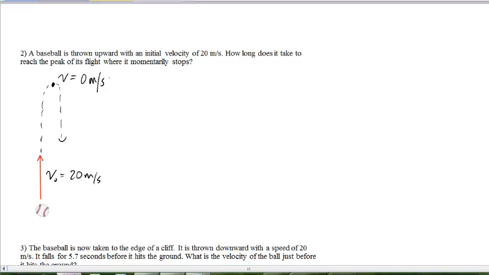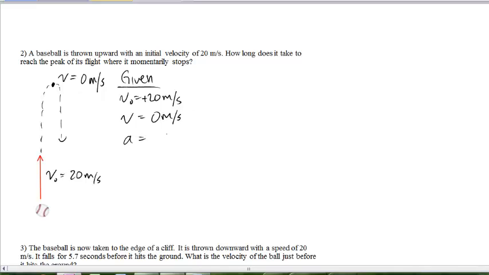And we can use that to our advantage because it's a point where we have some information that we wouldn't necessarily have otherwise. So now our given values include the initial velocity of positive 20 meters per second. The final velocity, since I'm concerned with where it stops, is 0 meters per second.